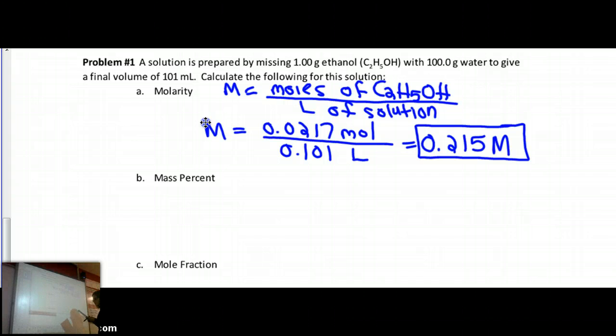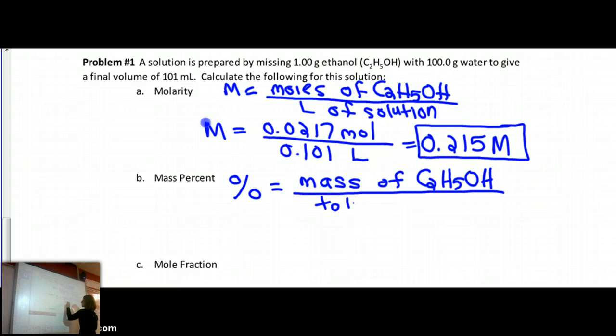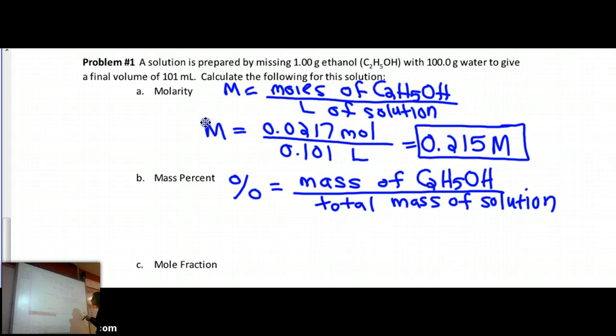Another one that we will need to know is the mass percent in part B. Here we're looking at the percent as the mass, in this case, of ethanol over the total mass of this solution. It tells us in the solution information that we have 1 gram of ethanol and 100 grams of water. So this one's pretty cut and dry.